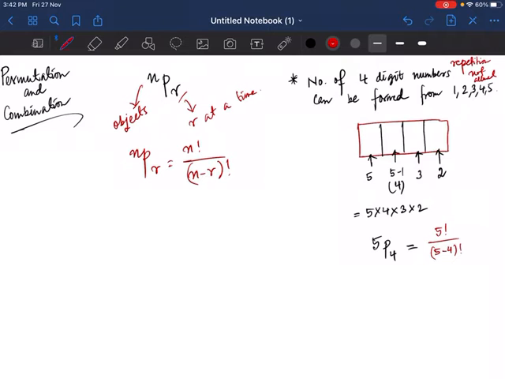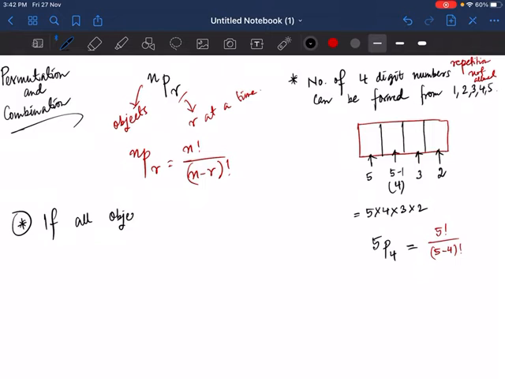Now with this permutation I will be discussing 2 main things. The first thing is if all the objects which we are selecting from are different. So my first criteria is if all the objects are not alike.